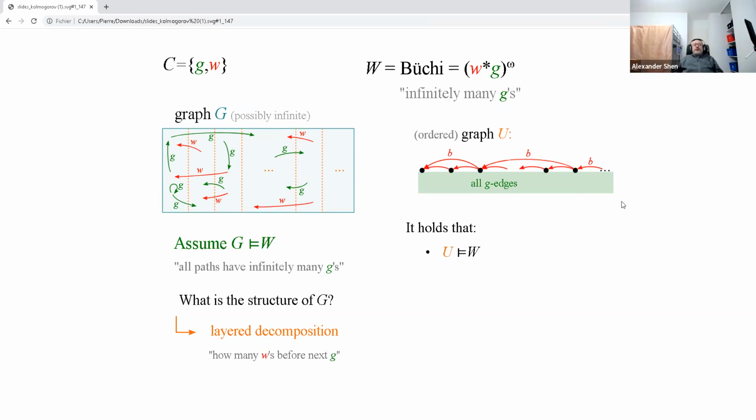So let's say that a mapping into the universal graph is just a labeling by ordinals, because elements of the universal graph are ordinals. And what do you require about this labeling? We require that the decomposition has some monotone rules.